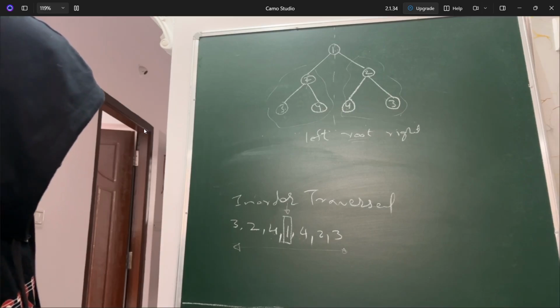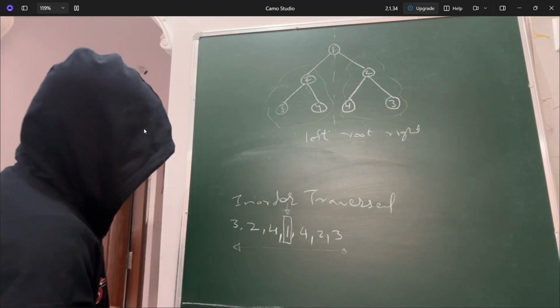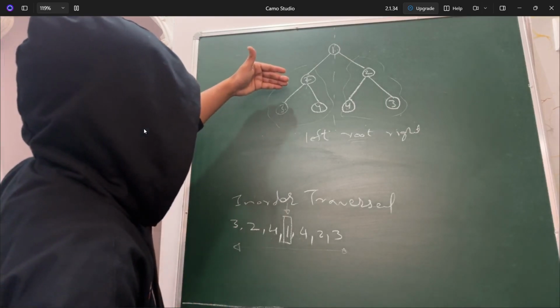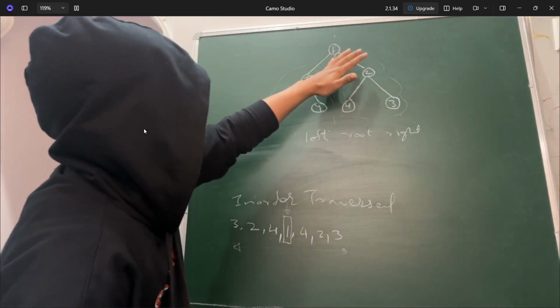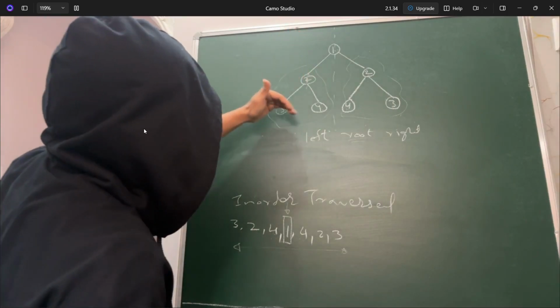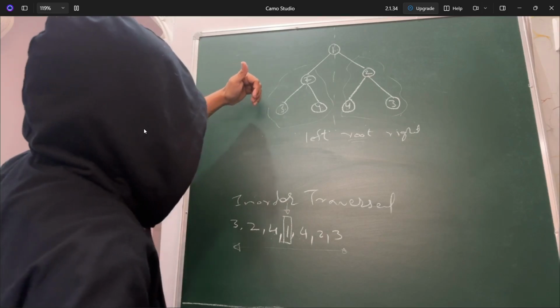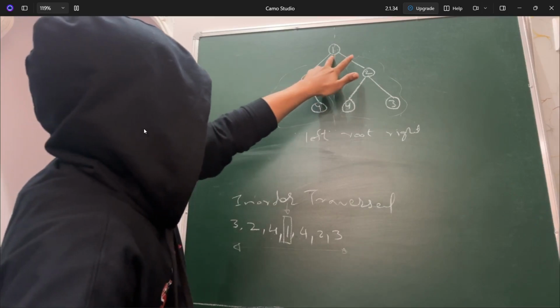We'll try to find the in order traversal, and as we know, left will have x number of elements, right will have x number of elements, and root is basically 1. So in order traversal, all these values will come before this node value. This is basically the mid value.